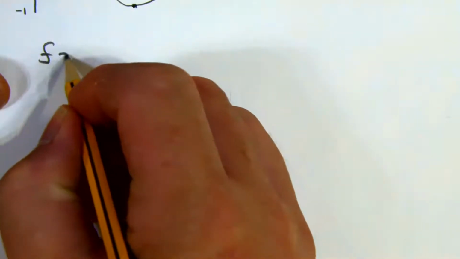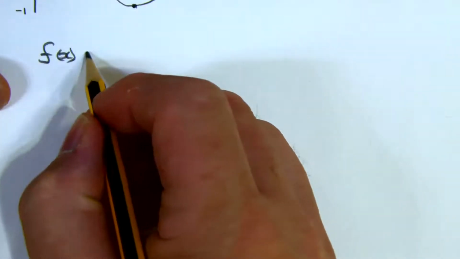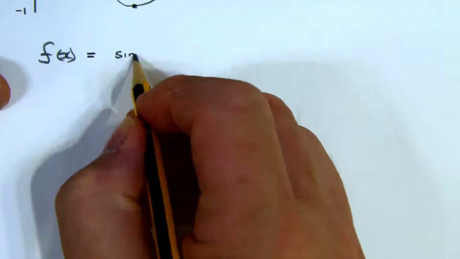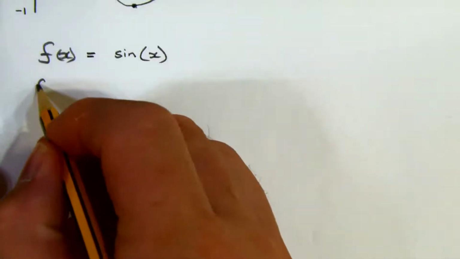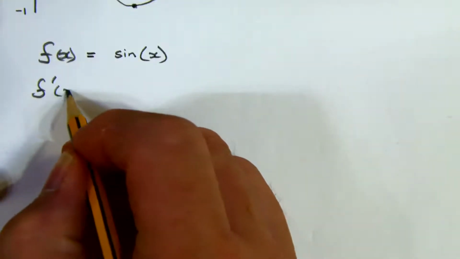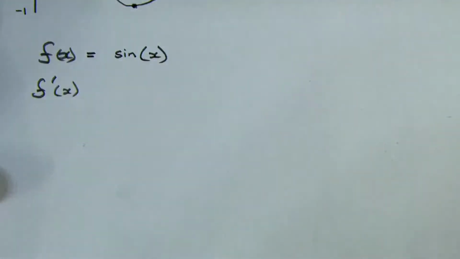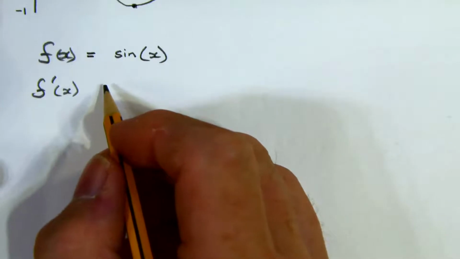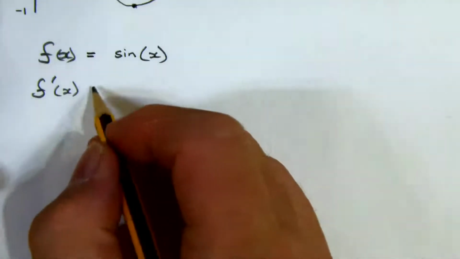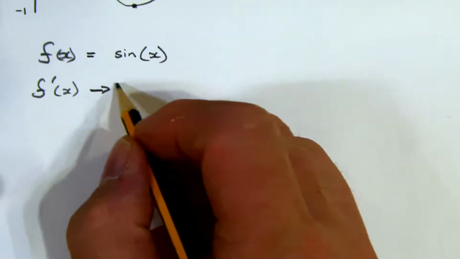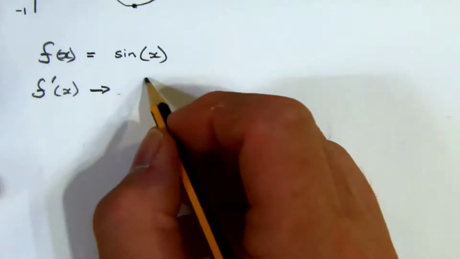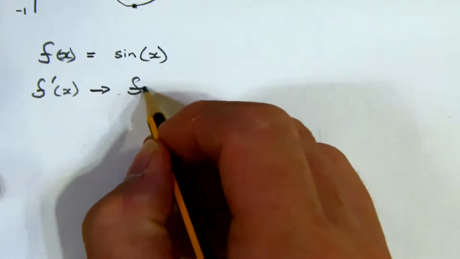I've got some function of x, and this is going to be sine x. We're going to try and work out here our differential, and we know from playing around with our differential that we're going to take a small increment of our sine x.